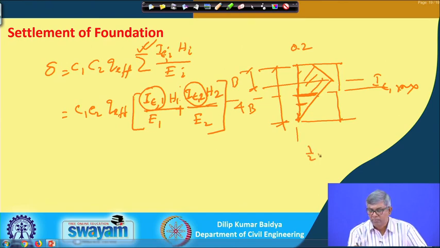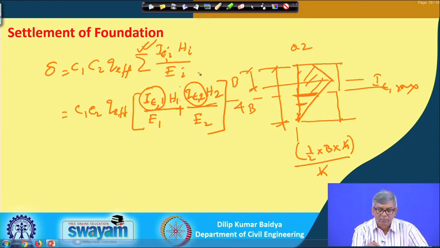So, half multiplied by base multiplied by height is the area, divided by height. So, it will become b by 2. That means, whatever the value here, half of that can be taken for IE for the second layer.